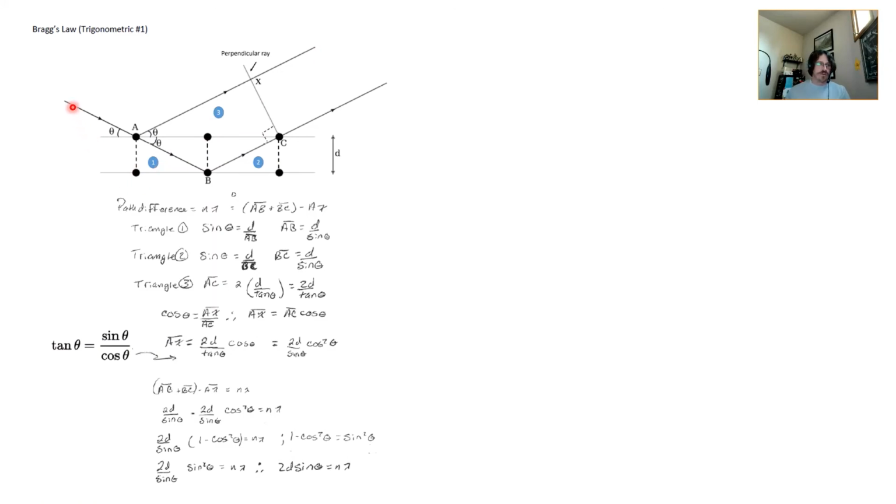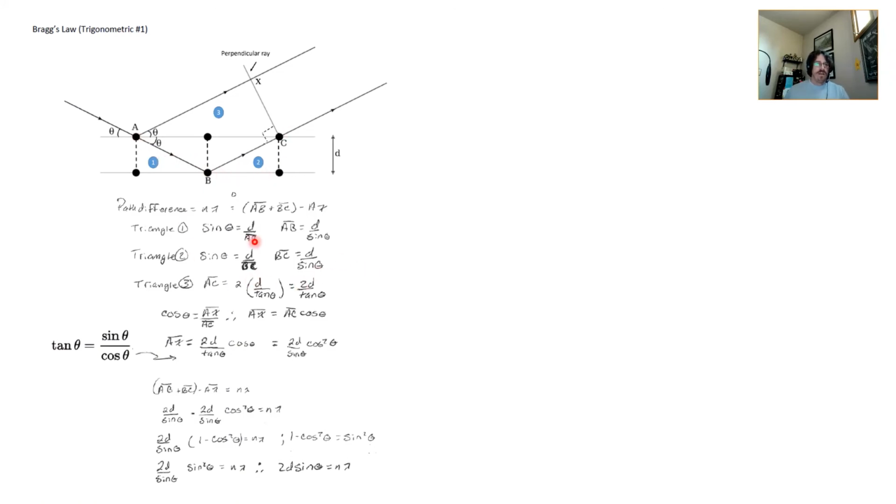You have the mirror effect of the atom bouncing here, and then another mirror effect of the atom bouncing off of B here. So now you have this path difference, which could really be thought of as these two segments, A to B and B to C.